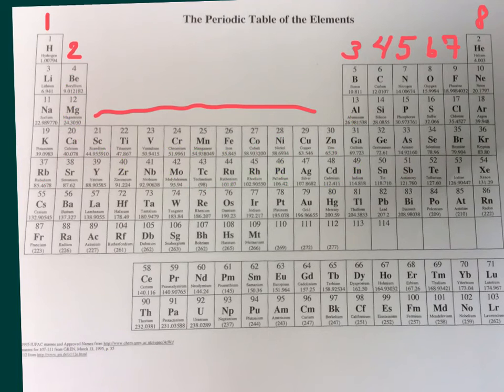Oh my gosh. So the only ones to have a full outer shell are the noble gases, which is why we said the noble gases do nothing. They're completely stable. They don't have to do anything because they have what we call a complete valence shell. A complete valence shell is also known as a complete octet.